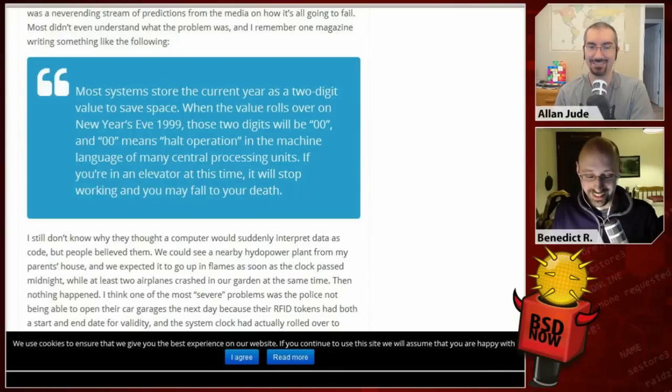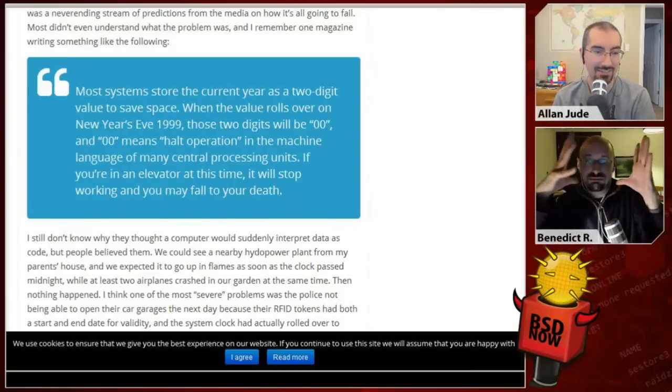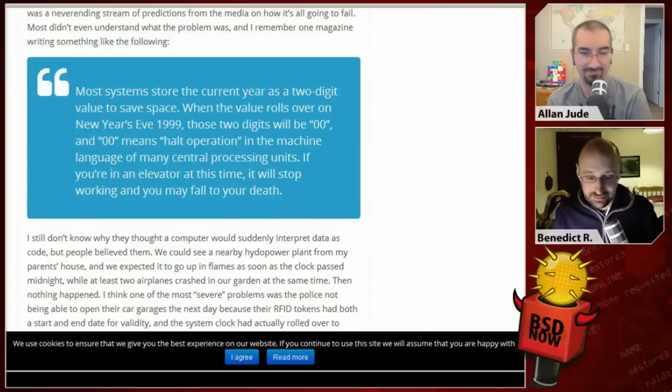It's like, really, it's suddenly going to start trying to execute text strings, is it? Apocalypse Now. I still don't know why they thought a computer would suddenly interpret data as code, but people believed them. You could see a nearby hydropower plant from my parents' house, and we expected it to go up in flames as soon as the clock passed midnight. Well, at least 2 airplanes crashed in our garden at the same time.